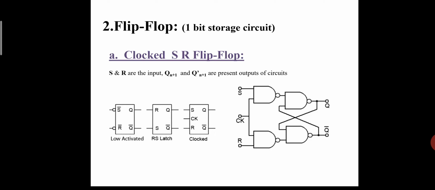And for edge triggering, if it is a square wave, it has edges, that is transitions from positive to negative and negative to positive. If it is a positive edge triggered flip-flop, the device gets activated on the transition from 0 to 1, negative to positive.